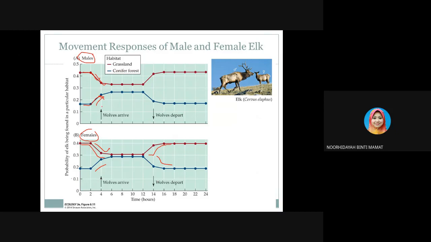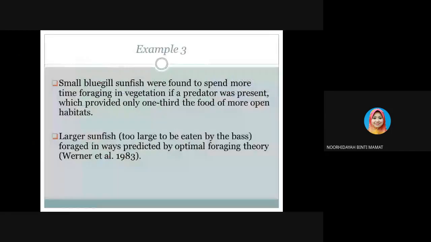So you can see from here, in both habitats, in both sexes, when there is a presence of wolves, those animals will move into the forest that had more protection but has less food. So the theorem is affected in this foraging behavior because there is a presence of the predator.